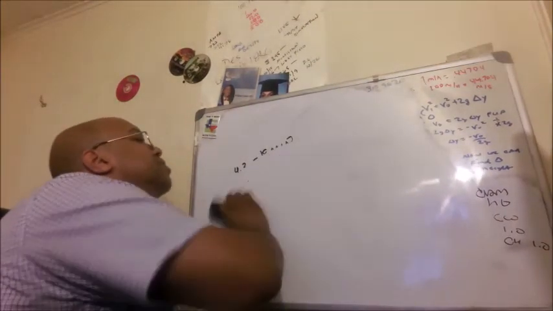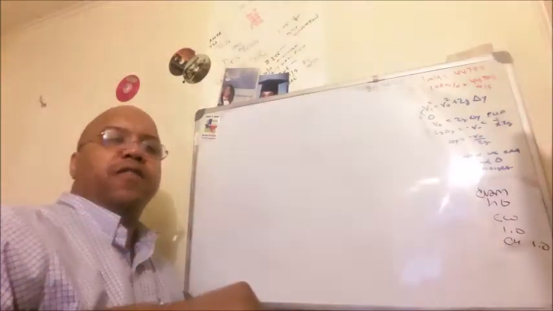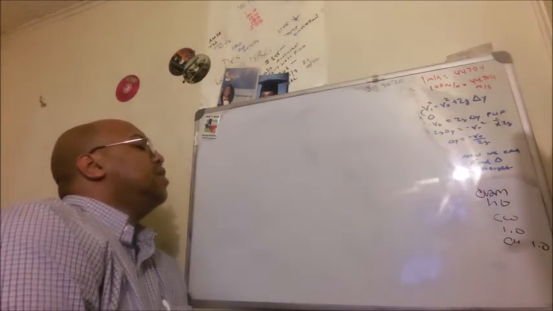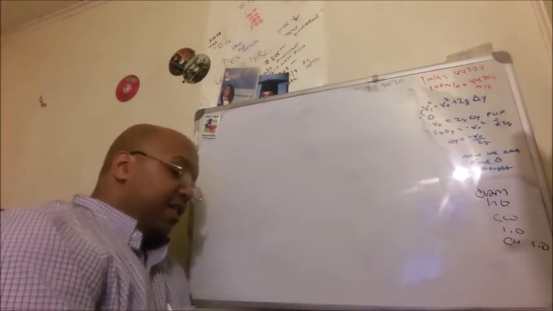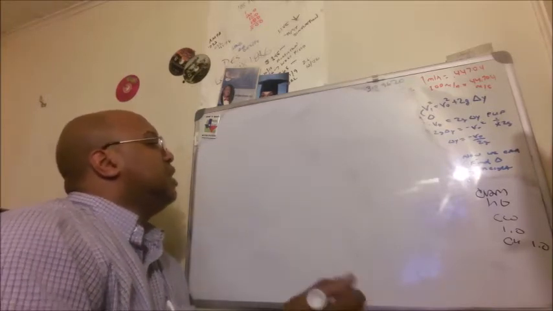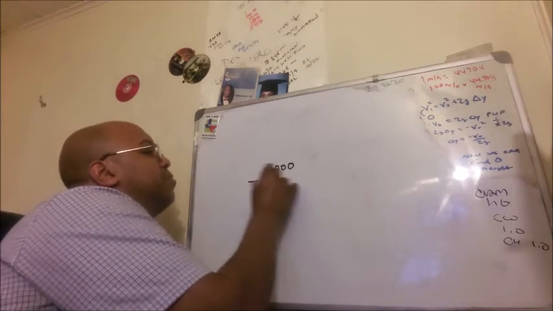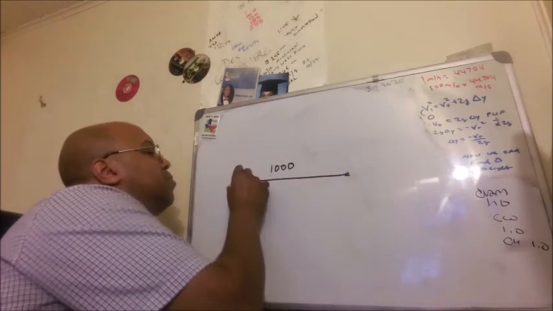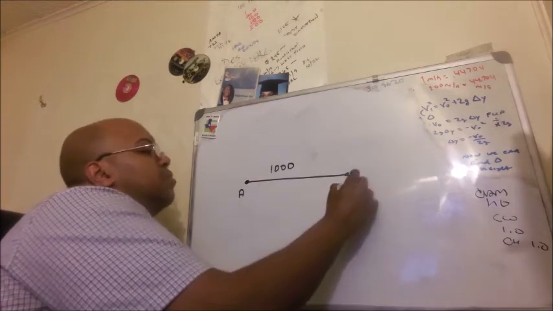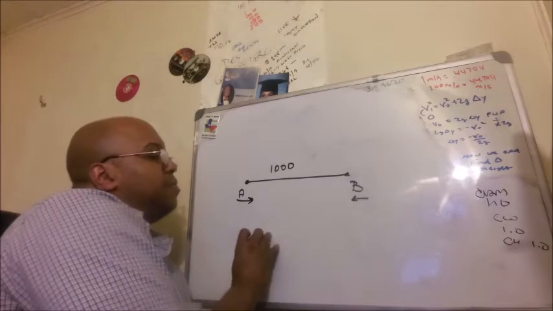Now, let's just get a little bit evil. Okay, I like evil. All right. So, let's say I have 2 vehicles. They are 1,000 miles apart, driving towards each other.